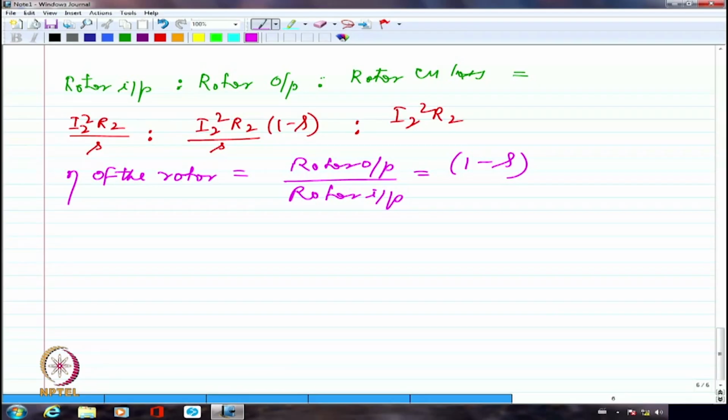If rather my motor works only at 1440 RPM, lower speed, now 60 is the difference in the speed between the revolving magnetic field and the rotor speed. 60 divided by 1500 is my slip, which means that is 4%, 0.04, 6 by 15. So that is going to be 4%. If 4% is the slip, I am going to have the efficiency to be 96%.